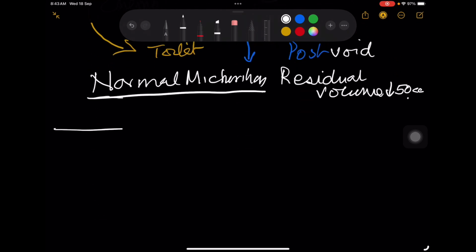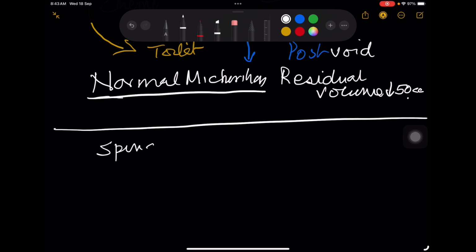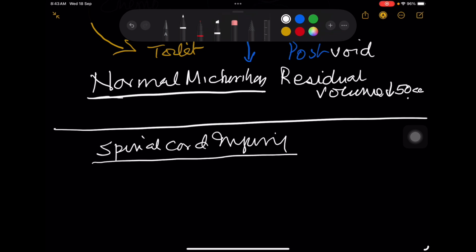Now we move on to spinal cord injury. As soon as the spinal cord injury occurs, the electrical activity of the spinal cord is dependent on the reticular activating system in the midbrain.